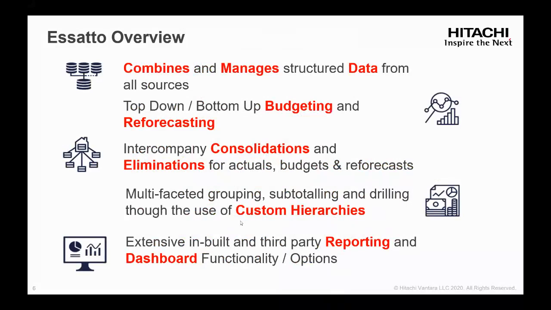So you can start at a high level and then drill down, and then build up from the bottom as well. It allows strategic analysis of projected outcomes, as well as a very operationally focused budget process. It has a consolidations module, which allows you to aggregate across multiple entities, and for the accountants facilitates eliminations.